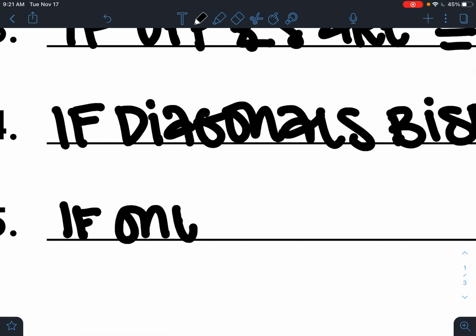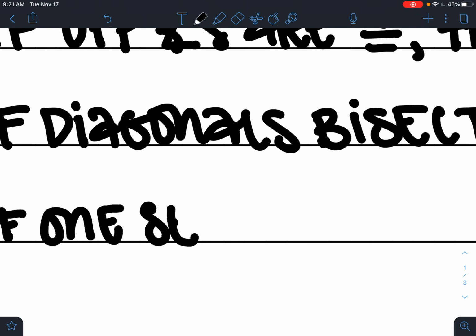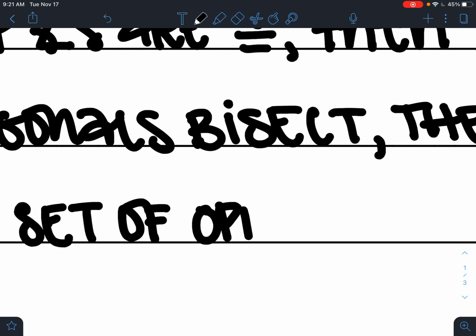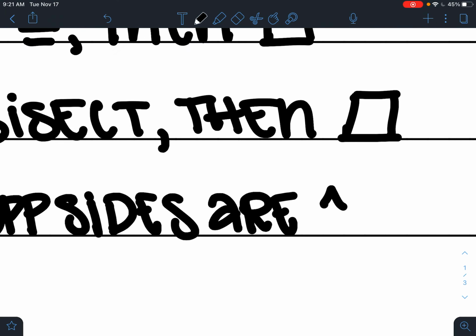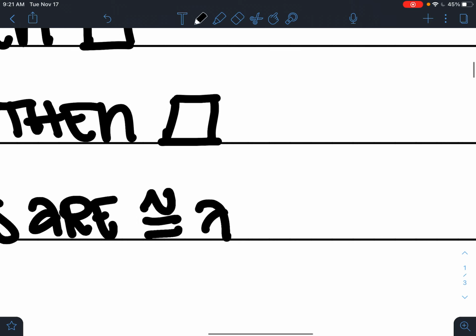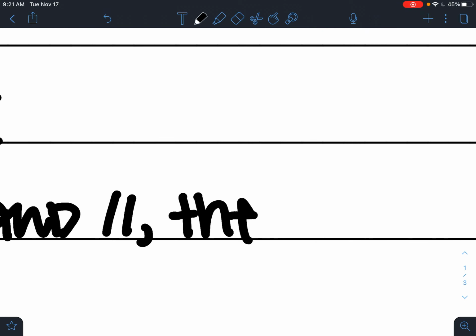So I started writing, but it says if one set of opposite sides are congruent and parallel, then it is a parallelogram.